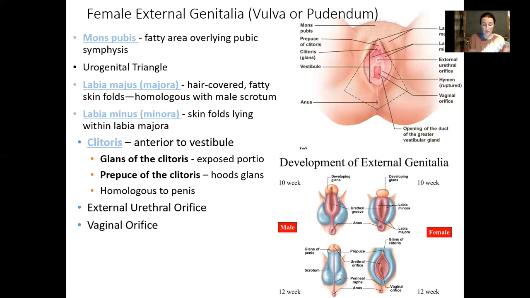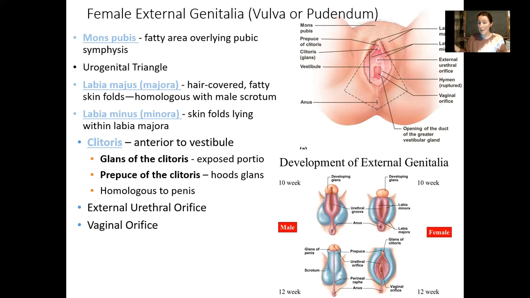So up until we're, give or take 10 weeks post-fertilization, male parts and female parts are the same. And it is the presence of more testosterone or more estrogen, essentially, that is going to drive the development of these same exact structures in one direction or the other.